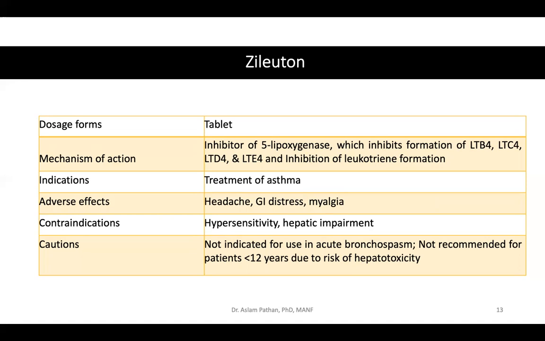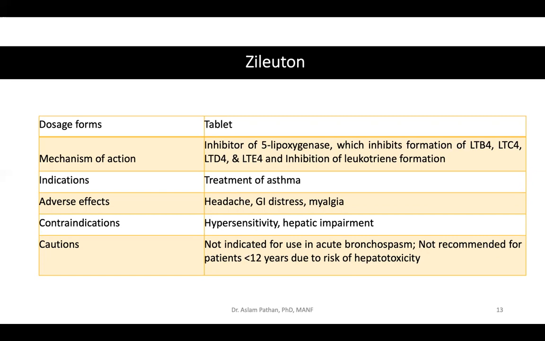So it is most important that we cannot say zileuton is a leukotriene receptor antagonist, but zileuton inhibits leukotriene formation.